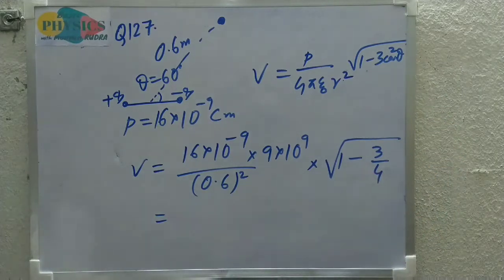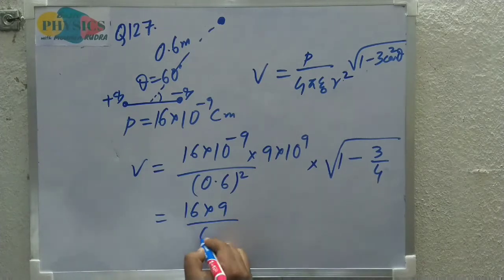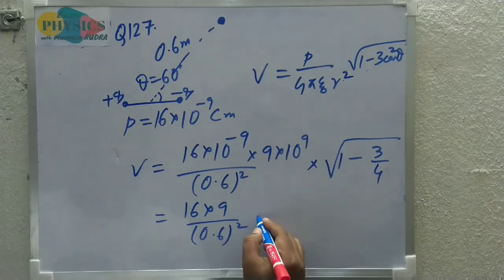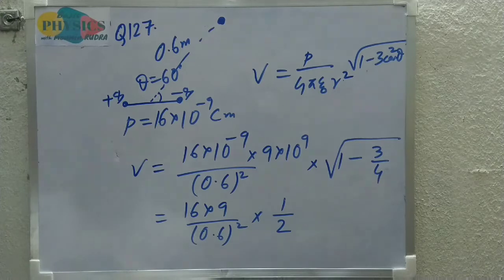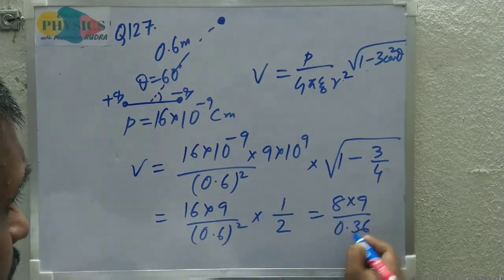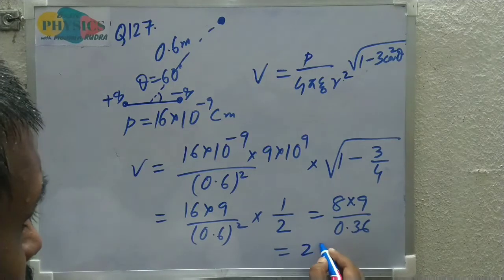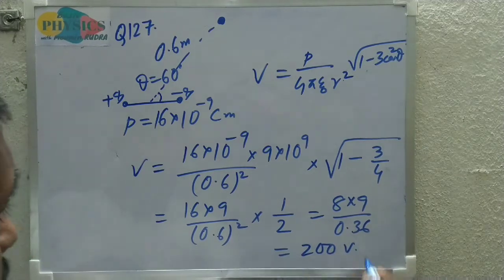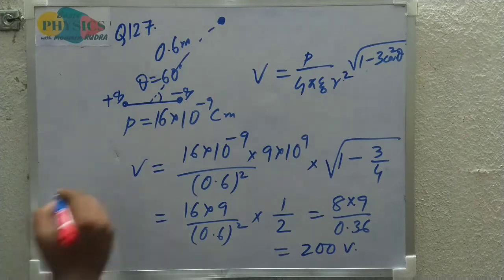So from this we can write 16 into 9 by 0.6 square into 1 by 2. So means 8 into 9 by 0.36, which is equal to 200 volt. Okay, 200 volt. So option 1 is the right answer.